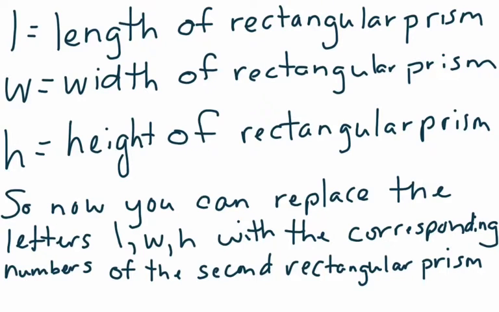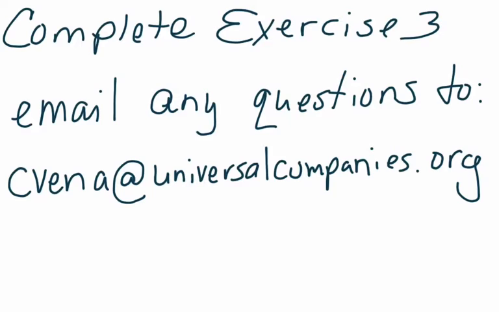So now you can replace the letters L, W, and H with the corresponding numbers of the second rectangular prism, okay, which are 6, 2, and 8 centimeters each.